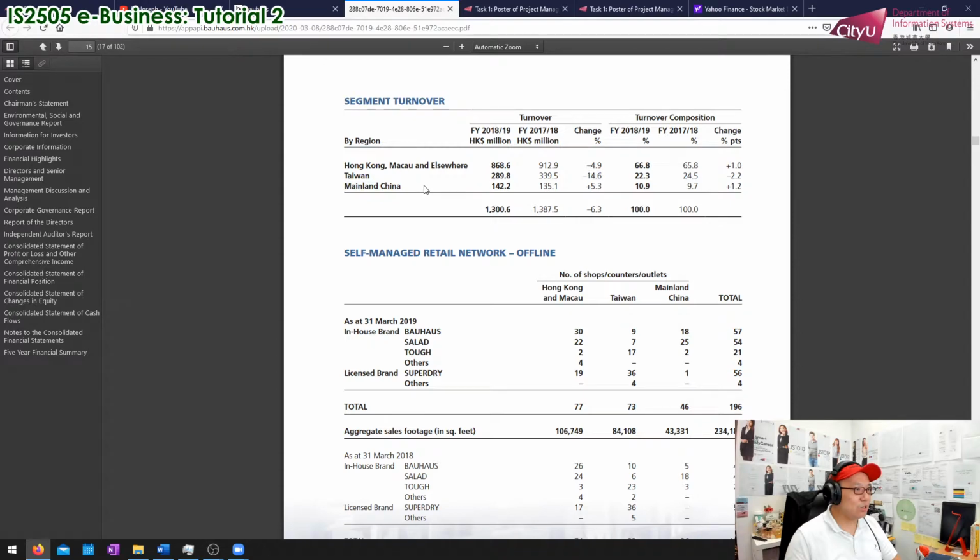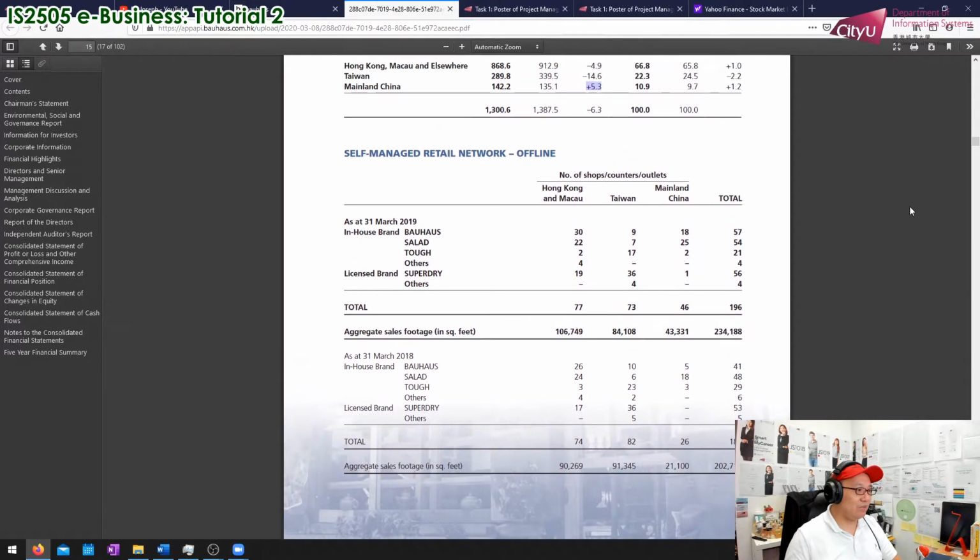And I think in China they are gaining some market share here. So this is positive 5%. Now here you also have something related to the number of shops and outlets. Okay, so they have this information provided to you as well.